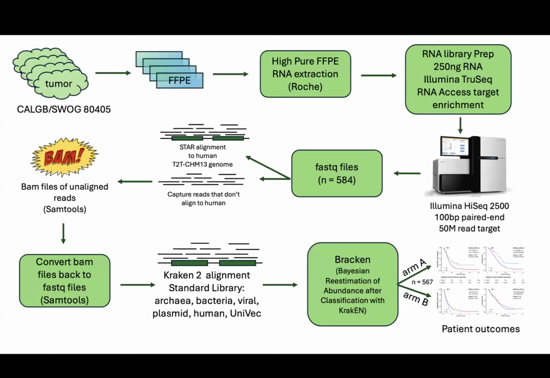So this is an overview of the pipeline. Tumors were collected in over 500 patients, preserved in formalin-fixed, paraffin-embedded tissue. RNA was extracted and sequenced, and then it was aligned to the human genome. There's a recent genome that is much more comprehensive than earlier versions, and it includes a lot of repetitive regions that are important in the characterization of the microbiome.